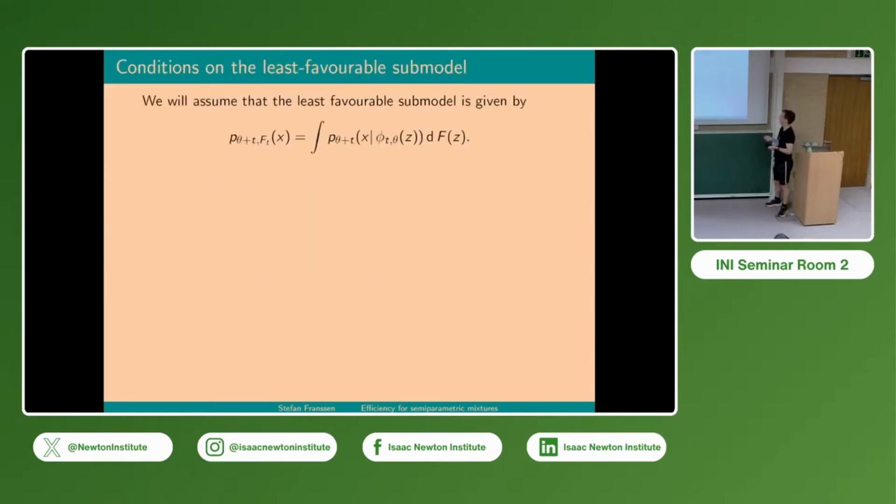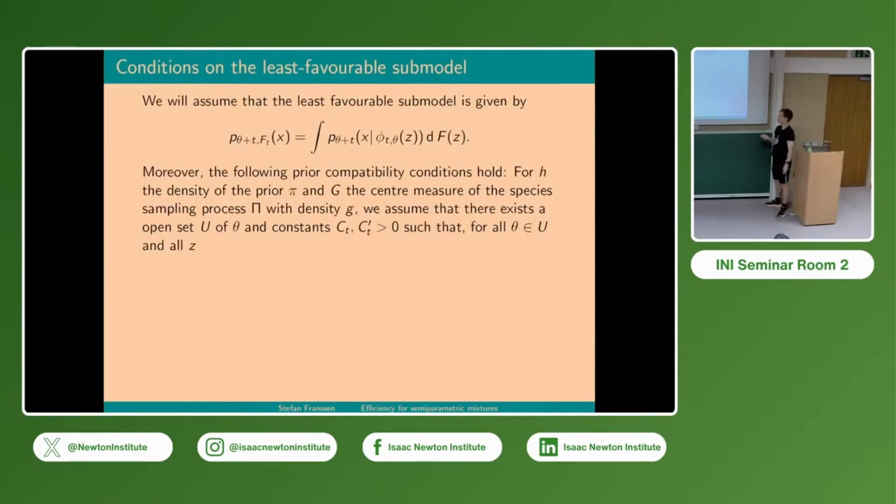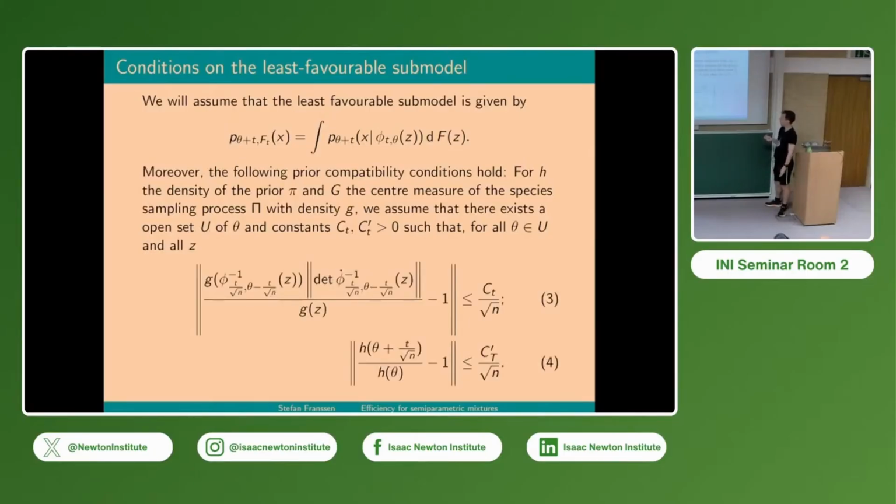And then we assume this shape, and then we have some technical conditions on this phi t and properties of the model. They're not too important, it's just a log Lipschitz condition.